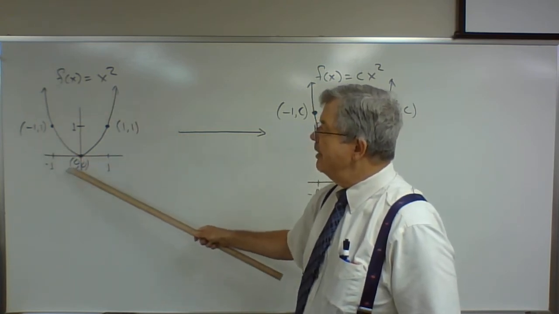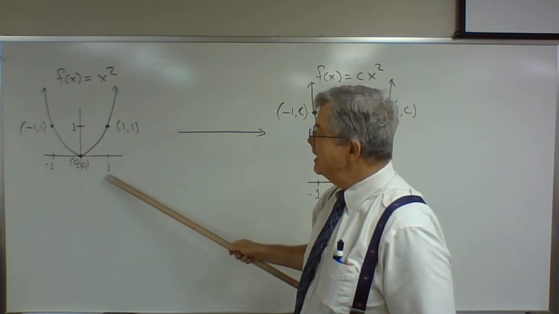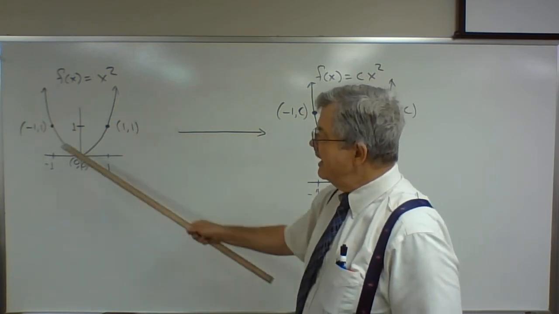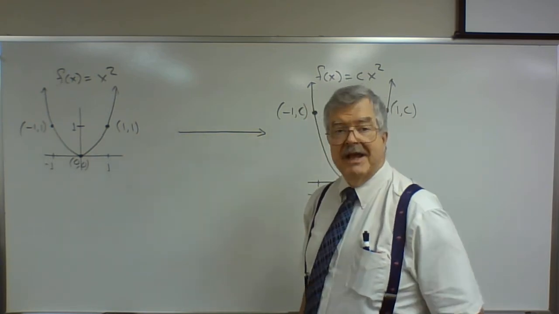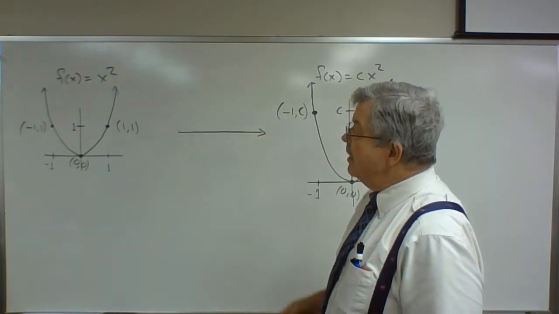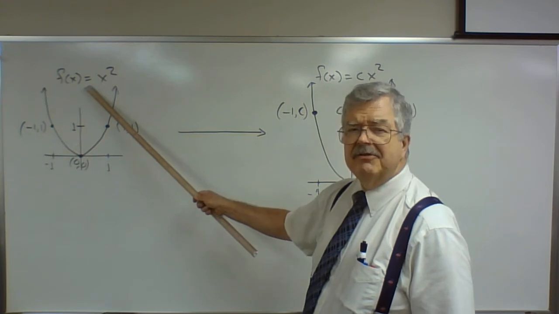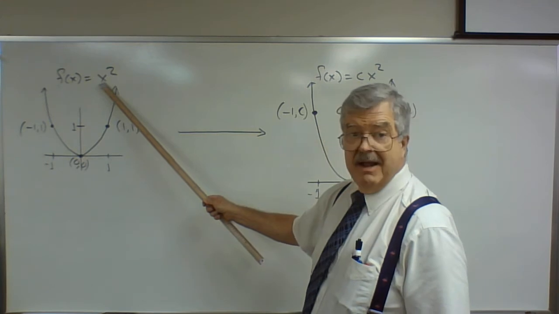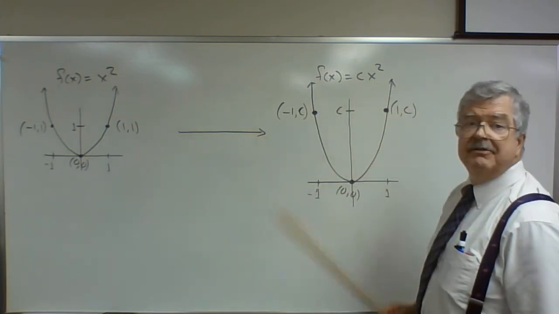When x is 0, 0 squared is 0. When x is 1, 1 squared is +1. That yields 3 points on the graph that we use as our skeleton to hang the rest of the graph on. And what we're going to do is take this function, f of x equals x squared, and multiply the y coordinate, x squared, by some positive constant c.